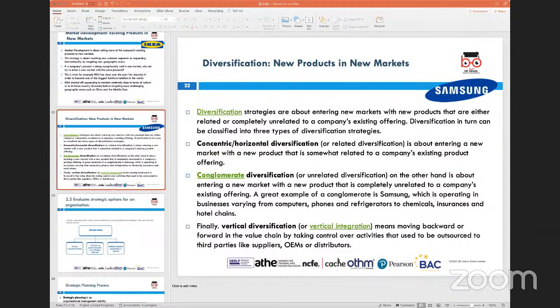When we talk about vertical diversification, the company is looking at moving up or down the supply chain by combining two or more stages of production, which would normally be outsourced to a separate company.